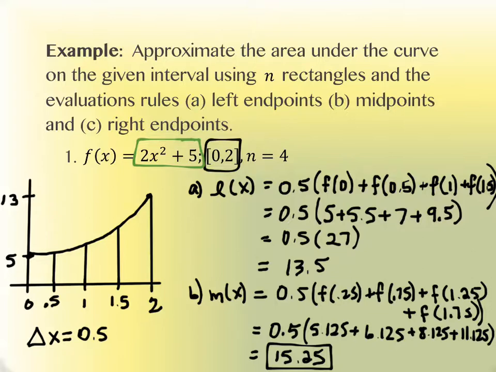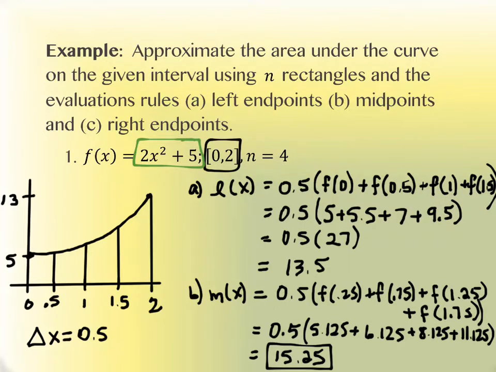Last thing to find on this one then is the right endpoints. So we're going to do r of x. Same width, 0.5 for our rectangles. But the four heights that we're going to use are what? 0.5, 1, 1.5, and 2. We're using the rightmost endpoints on this one.